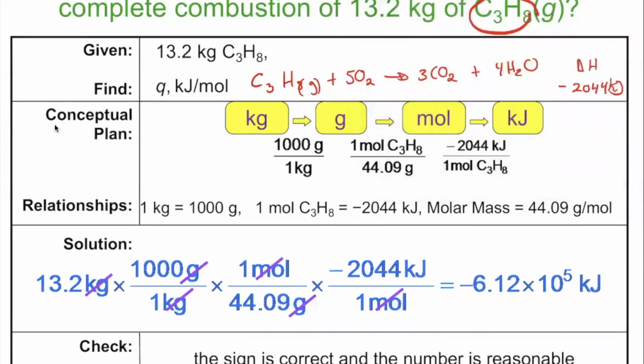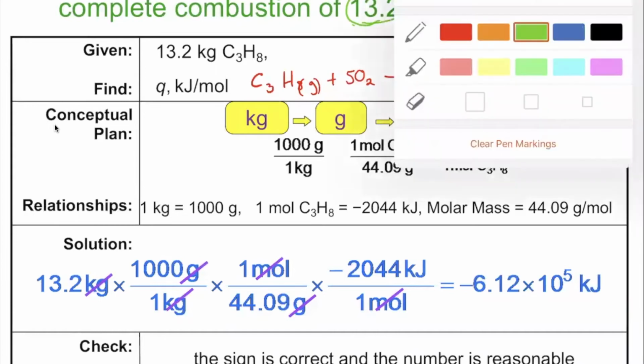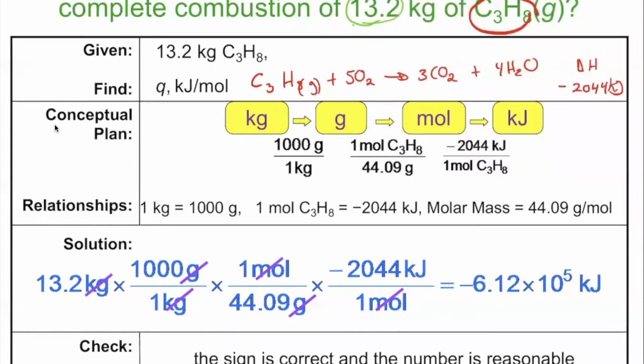Now, notice what they're saying here. This is the complete combustion, but instead of starting with 1 mole, you're starting with this many, 13.2 kilograms. Because here, for every 1 mole that you generate, you're going to have negative 2044, right?